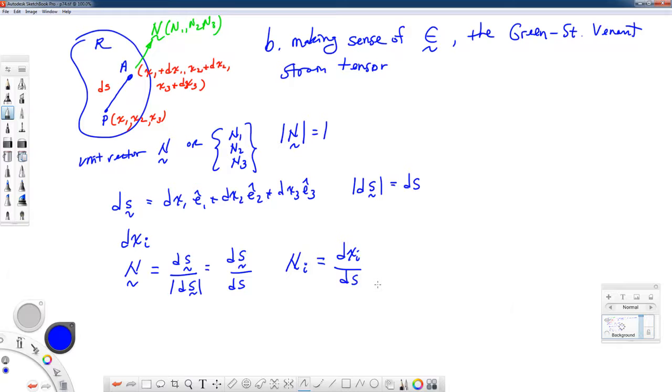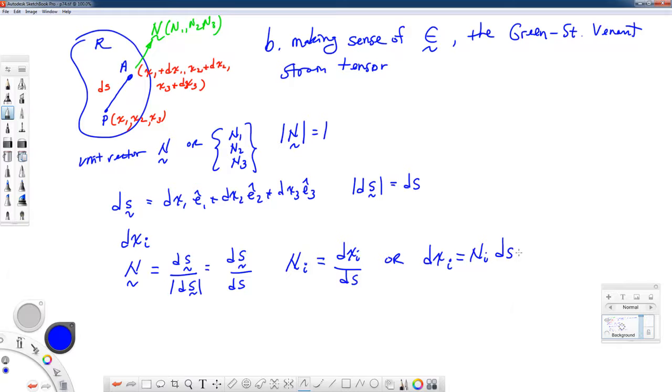We're going to write this a little bit differently: dxi is equal to ni ds, that scalar magnitude. Okay, so we have this unit vector now.